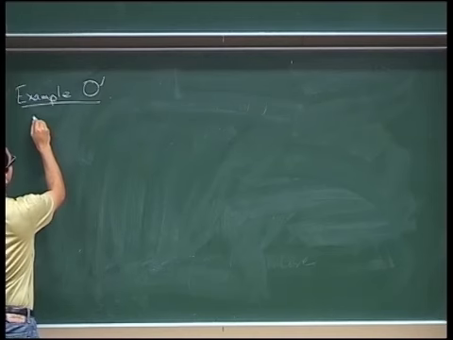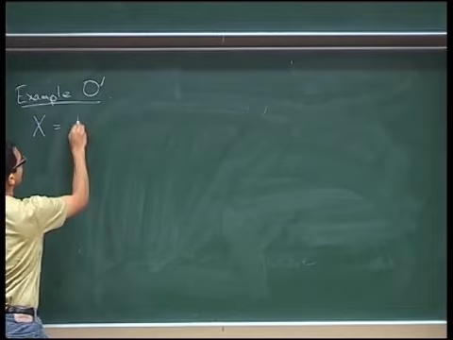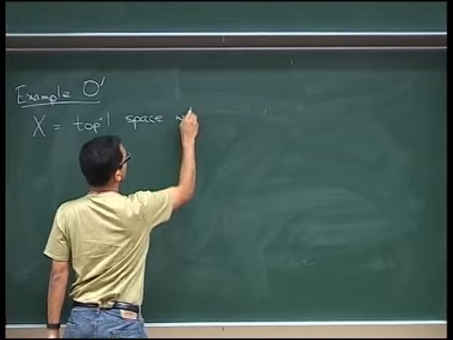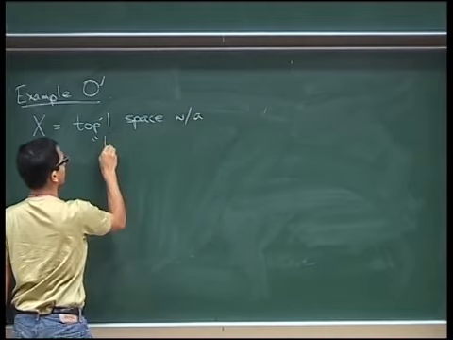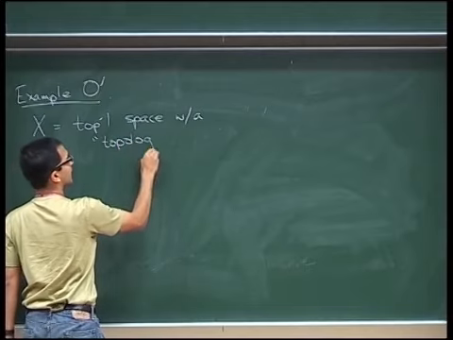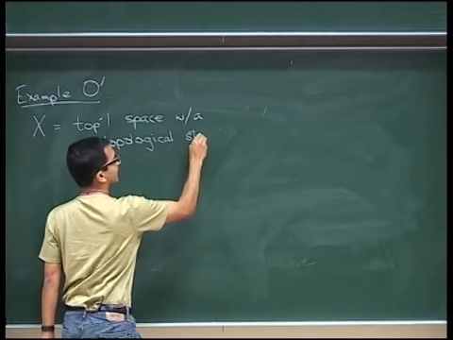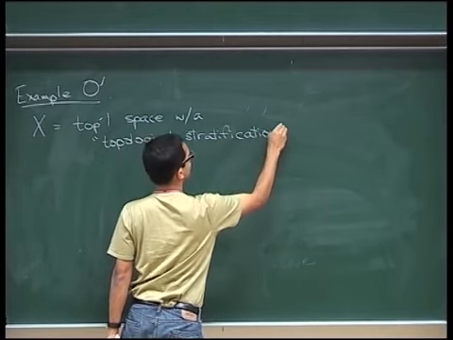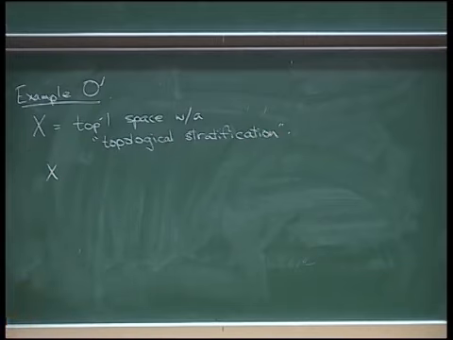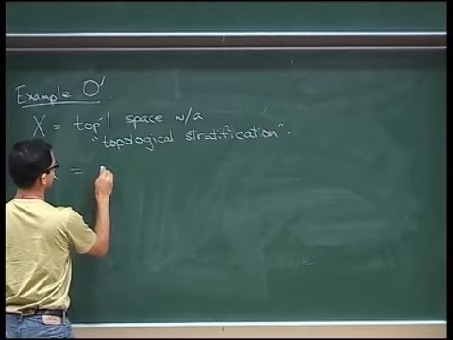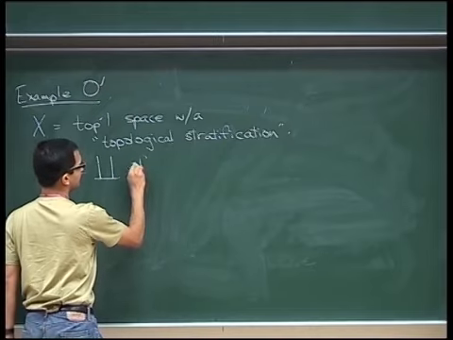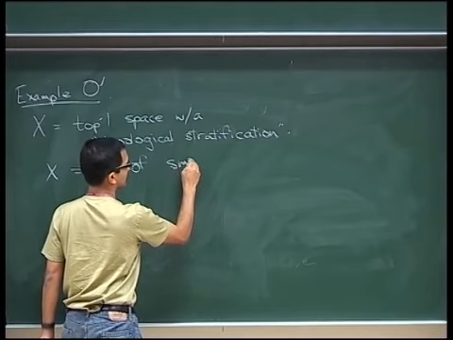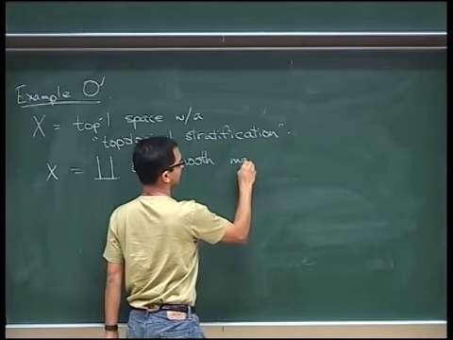So the setup here is that X is a topological space with a topological stratification, and what that means is that I'm going to write X in a specified way as a disjoint union of some smooth manifolds, and those manifolds are the strata.